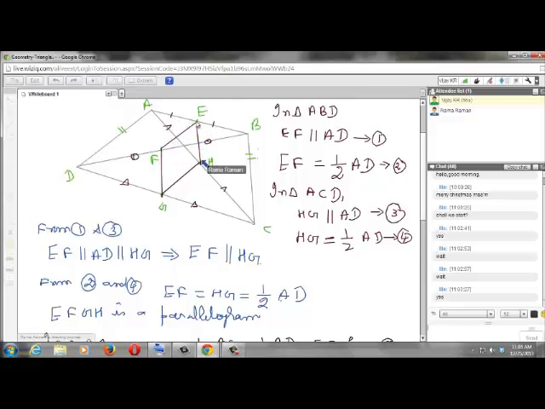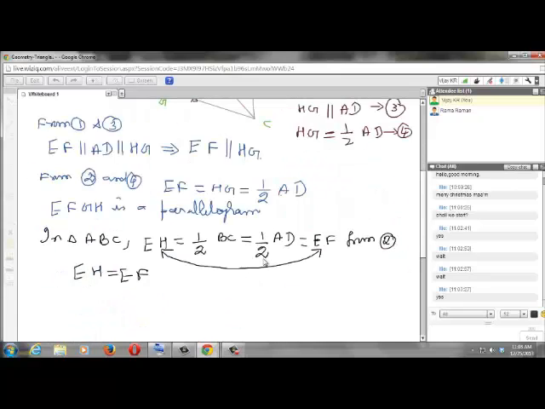We have already proved EFGH is a parallelogram in which the adjacent sides EF and EH are equal. So, EFGH is a rhombus.